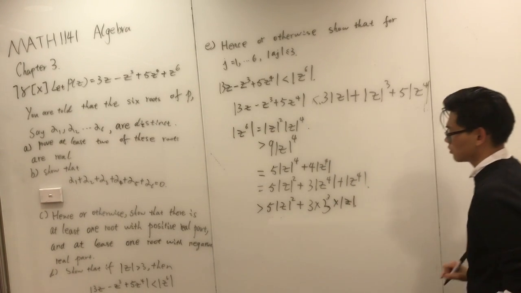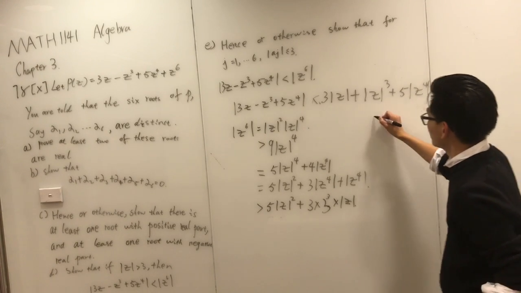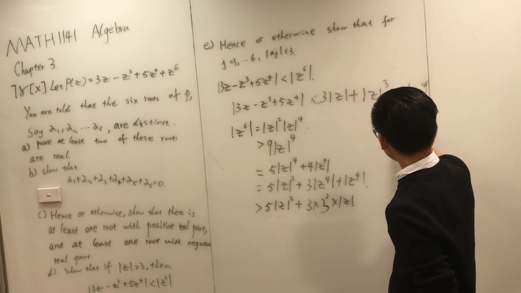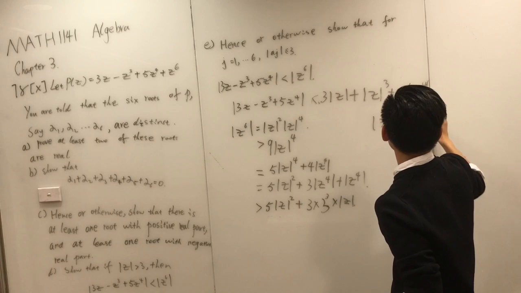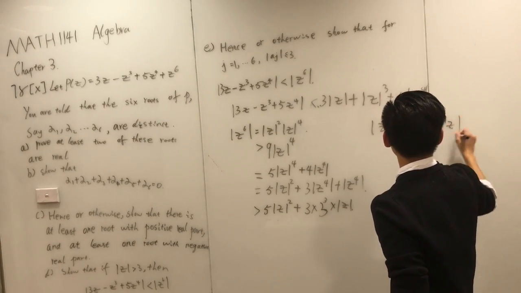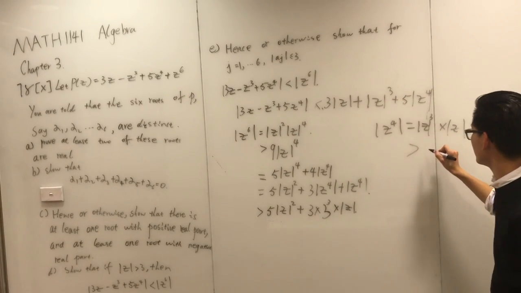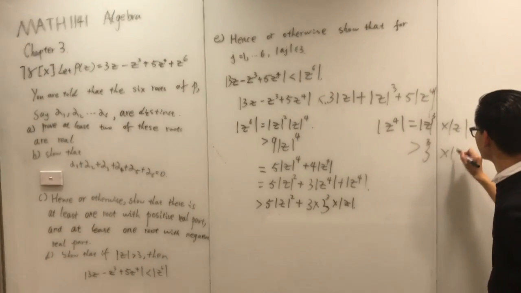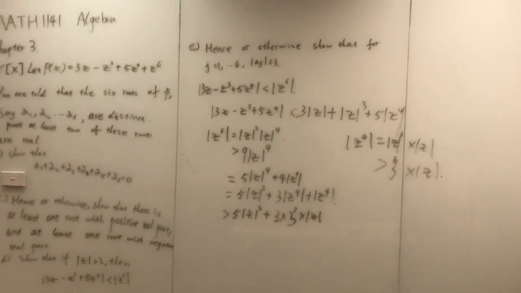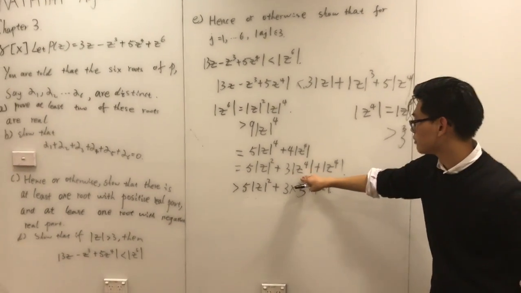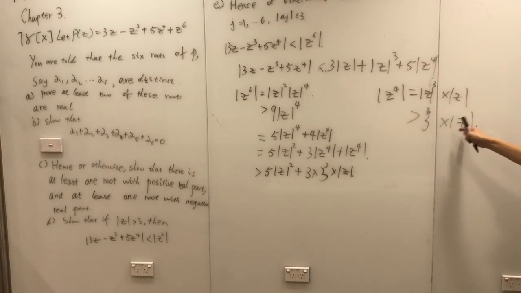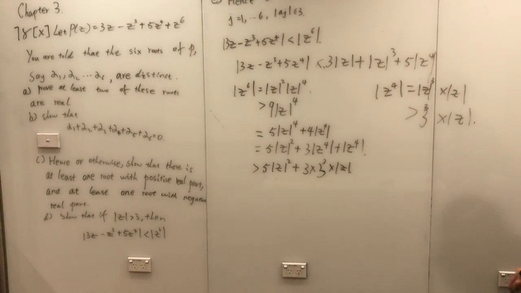Right? Why? Because this should always be bigger than 3³ multiplied by |z|. Right? So we can transfer |z|⁴ into 3³ multiplied by |z|.